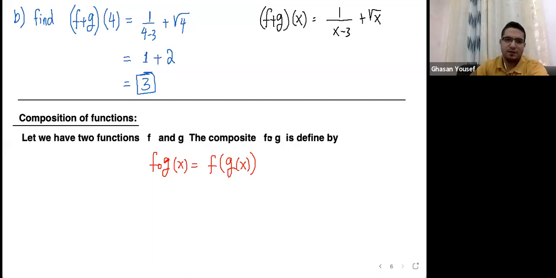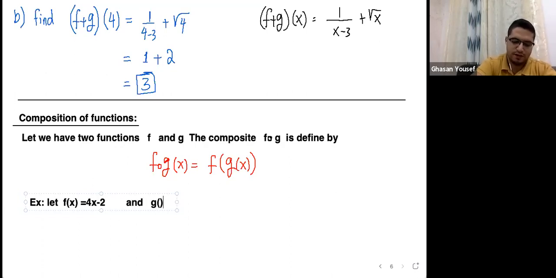Let me give you an example of how we can use this new function. Suppose I have two functions. The first function, f of x, equals 4x minus 2, and the second function, g of x, equals 5 minus x squared.